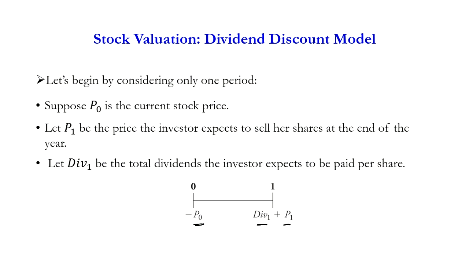If I want to value this stock for a 1-year investor, I can use what we have learned before in chapter 3. I can say the present value of the expected cash flows, Dividend 1 and P1.